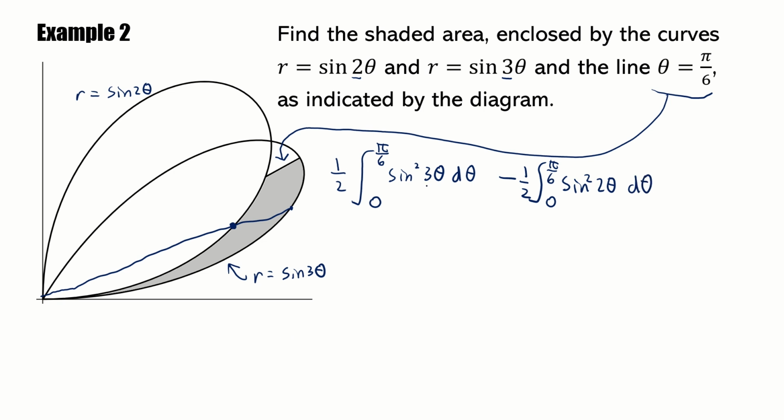Of course, we're going to have to integrate sine squared of something. So, of course, you're going to have to make use of the double angle identity for cos.